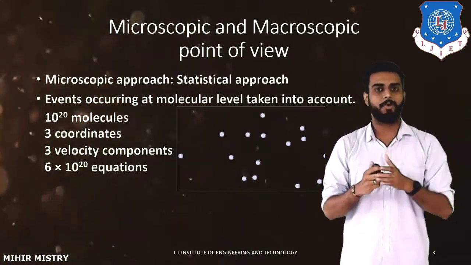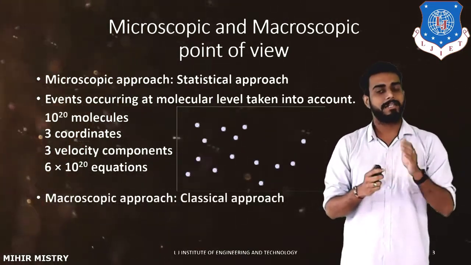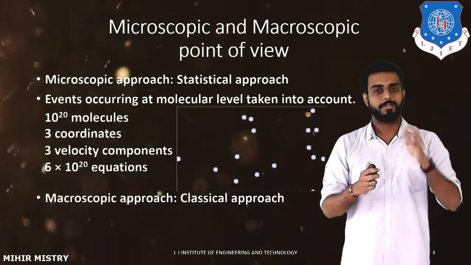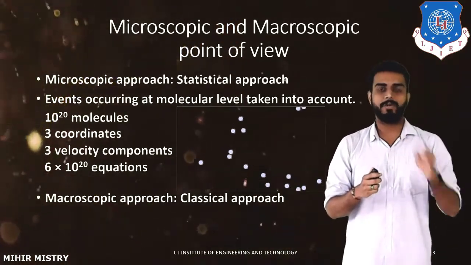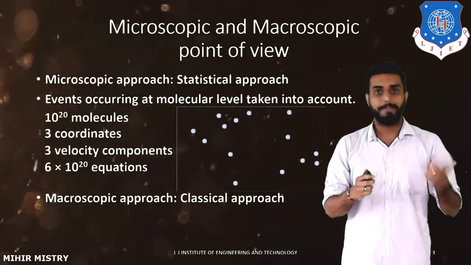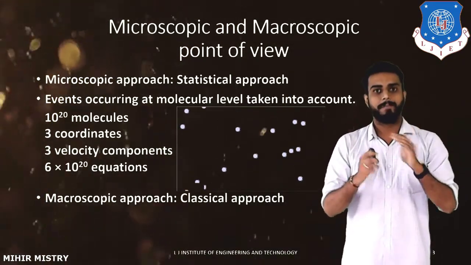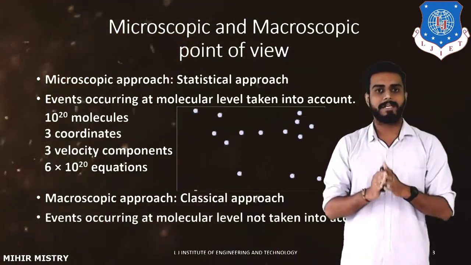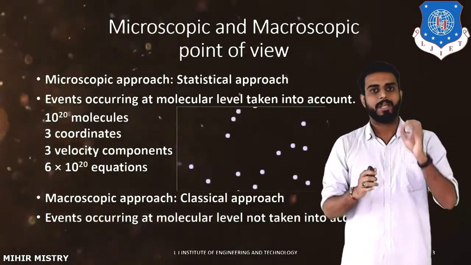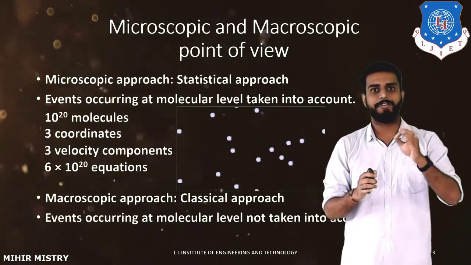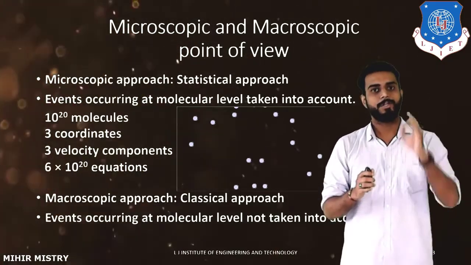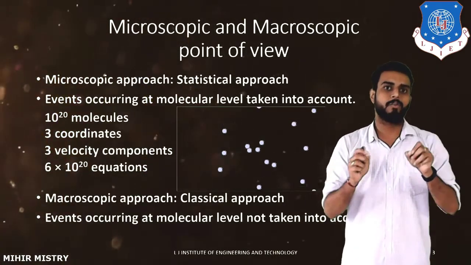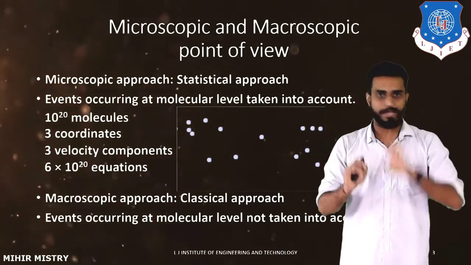Now the very next approach is the macroscopic approach. It is also known as the classical approach. Why is it known as the macroscopic approach? Simple: the events occurring at the molecular level are not individually considered. That means you will take the average behavior of all molecules, right? Let us understand it by a simple example. For example, a room temperature is defined to be 25 degrees Celsius. You are very well aware that practically each and every molecule of that room will not have the same temperature of 25 degrees Celsius.